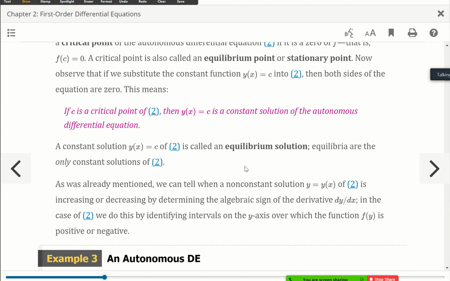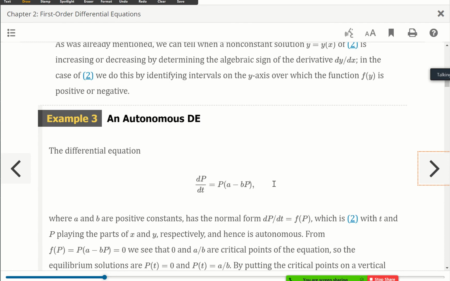As we already talked about before, we can tell when a non-constant solution, y equals y of x, is increasing or decreasing based upon the sign of its derivative, dy dx. That's that function f of x, y in general, or in this case, since we're looking at autonomous DEs, it would be simply f of y.